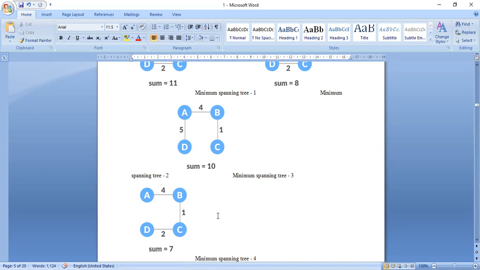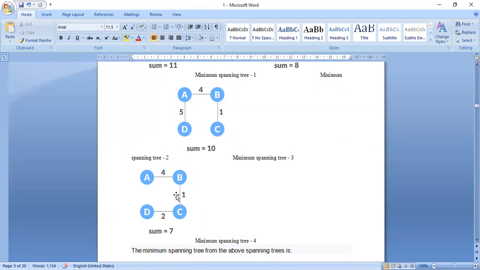Of all the 4 to 5 types of spanning trees available for the example graph, only one spanning tree is known as minimum spanning tree. That minimum spanning tree has the weight of 7. So in 7 kilometers, if I take this path, in 7 kilometers only I can visit all the cities in the given country. For example, I'm telling you. So in the graph also I can visit all the vertices in the given graph with weight as 7.